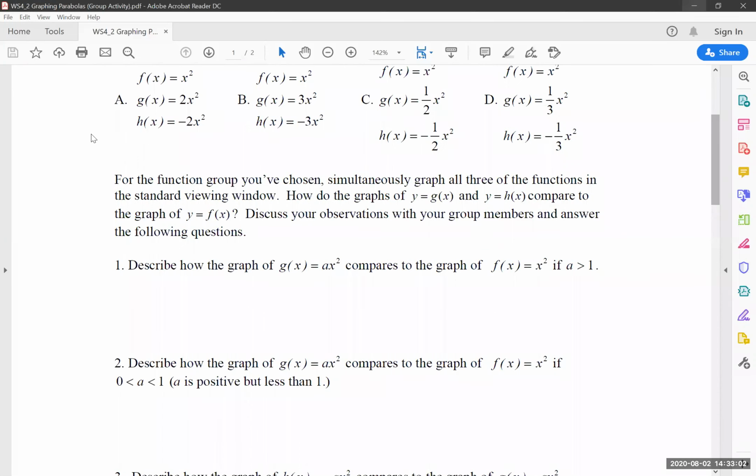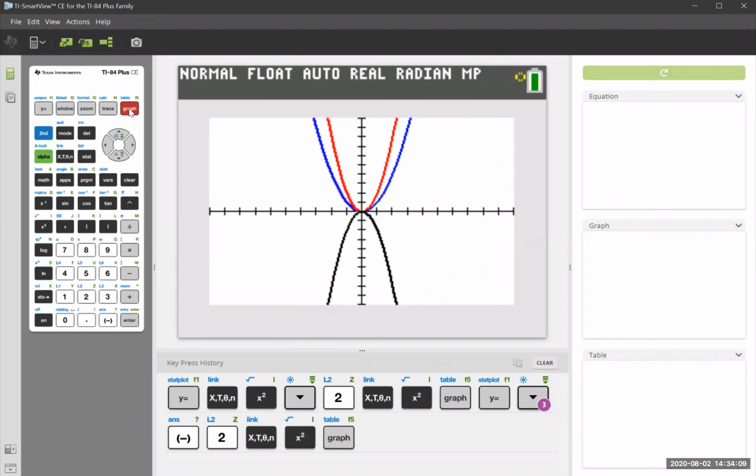The only difference is that it's flipped, or it is reflected over the x-axis. Essentially what this means is, when I put a negative out in front, all the positive y values in my coordinates now become negative.